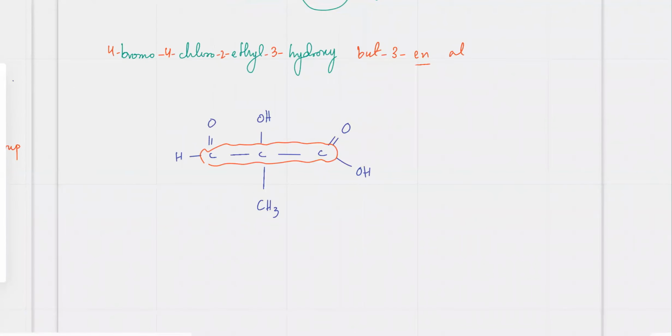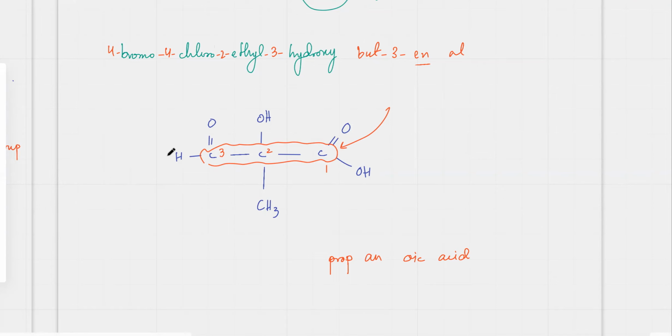Maximum groups attached, so that's prop. And it's no double bond, so an. And it's got a carboxylic acid. That's the highest precedence group, so it's going to be propanoic acid. You're going to count your, this one would be given the smaller number. So this is 1, this is 2, and this one is 3.